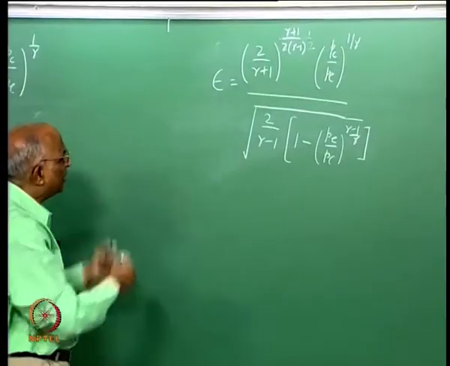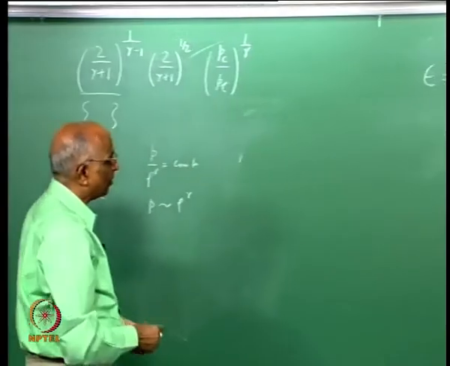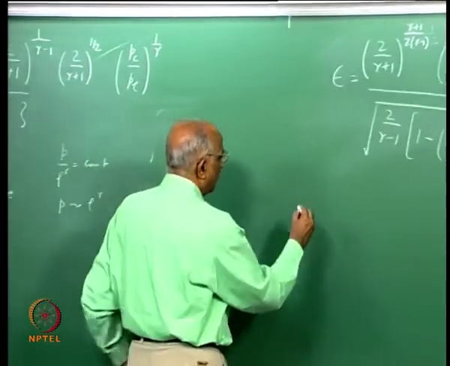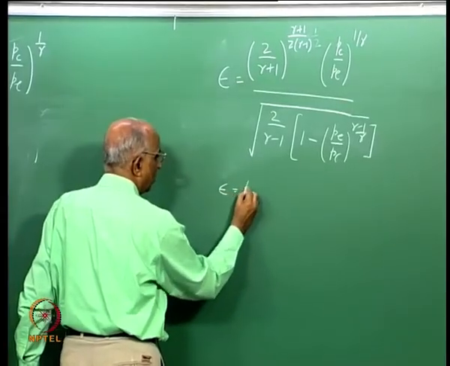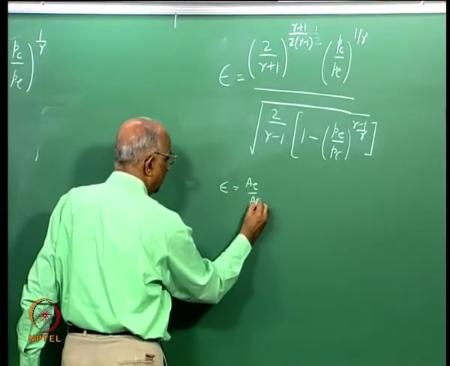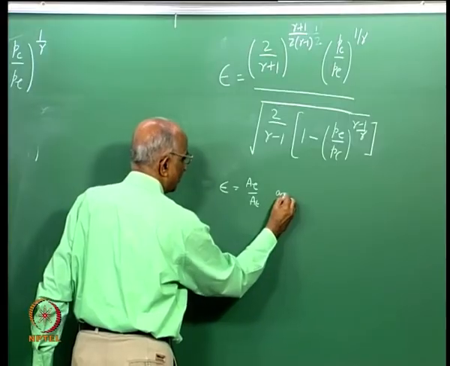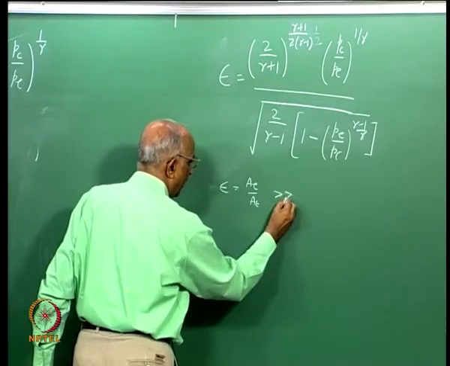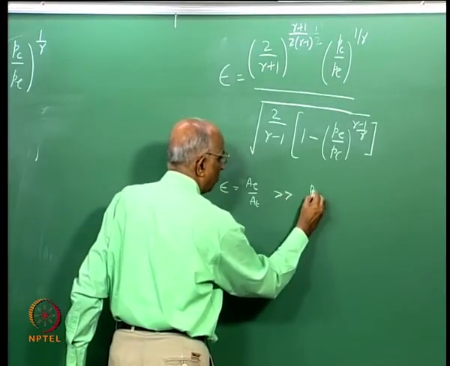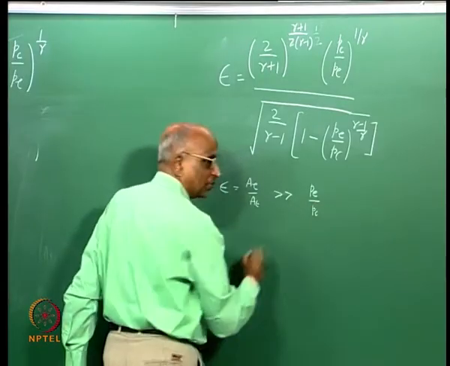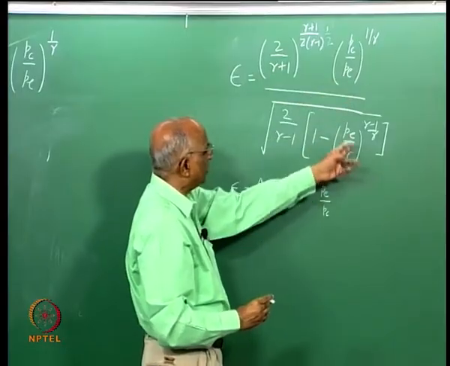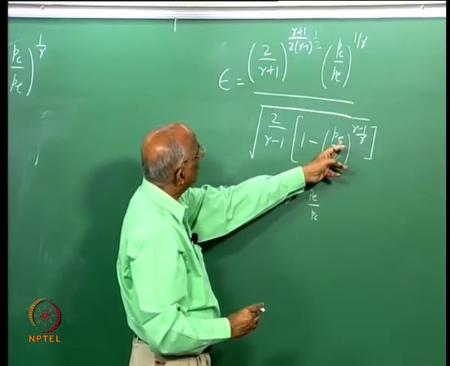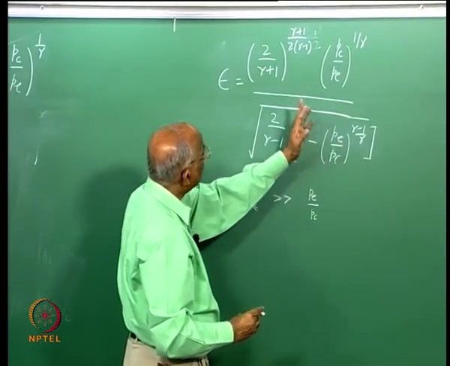What does this expression tell us? Now we just look at this expression, we find that the area ratio, which is dimensionless and equal to AE by AT, increases as the value of PE by PC increases. In other words, as PC by PE increases... No, let's be very clear.